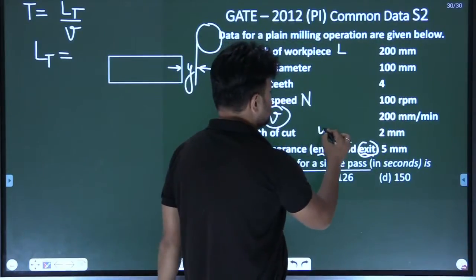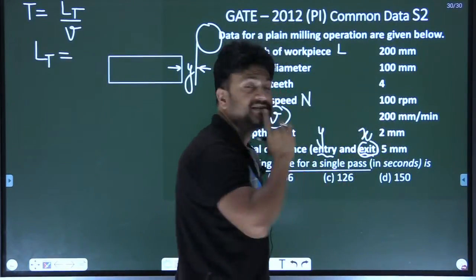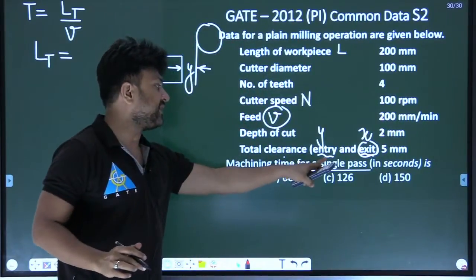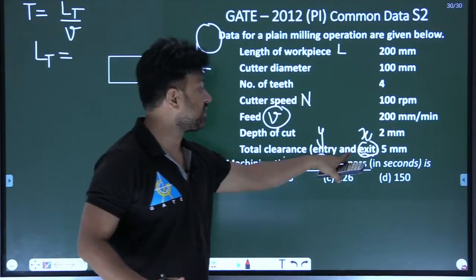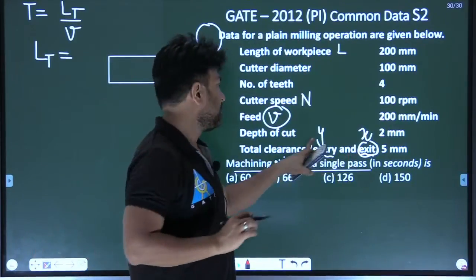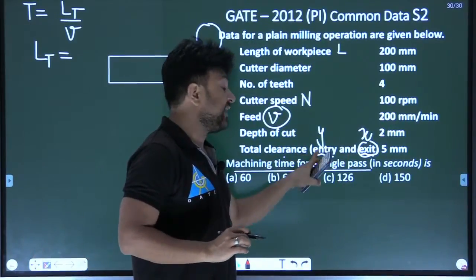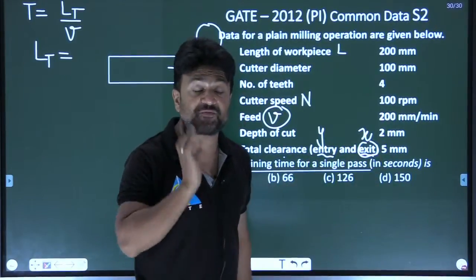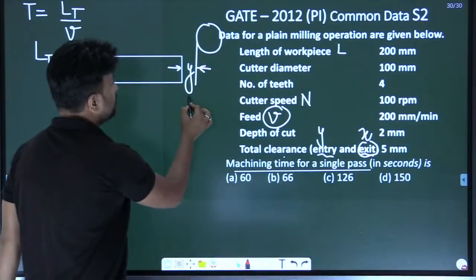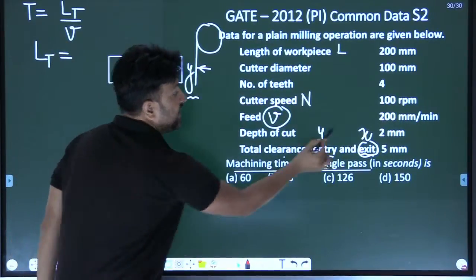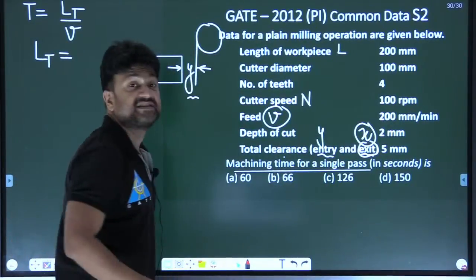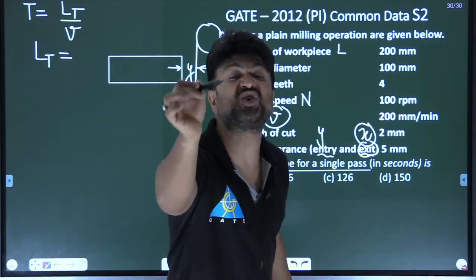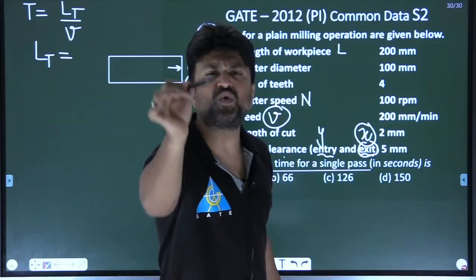Entry is Y and exit is X. Here he provides the total clearance, entry plus exit, as the distance 5. So at entry he provides some clearance, that is Y. After cutting, at exit, he provides some distance, that is X. It means it is over travel.